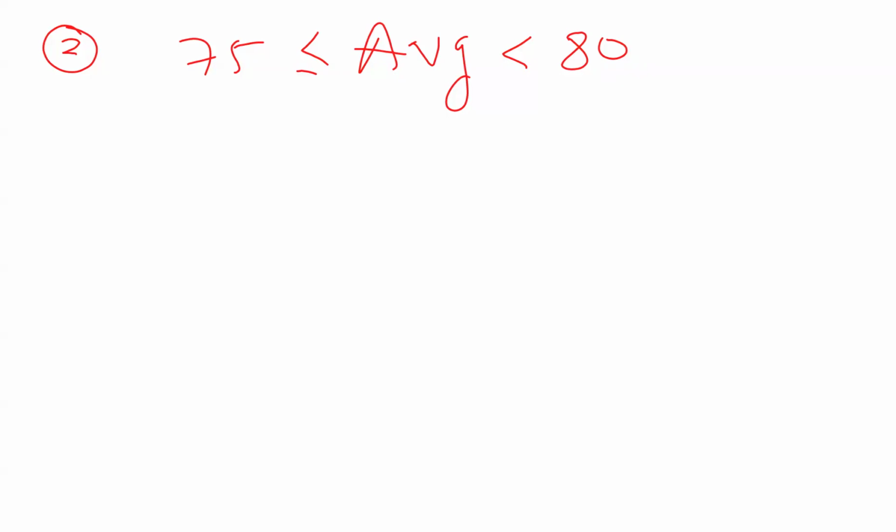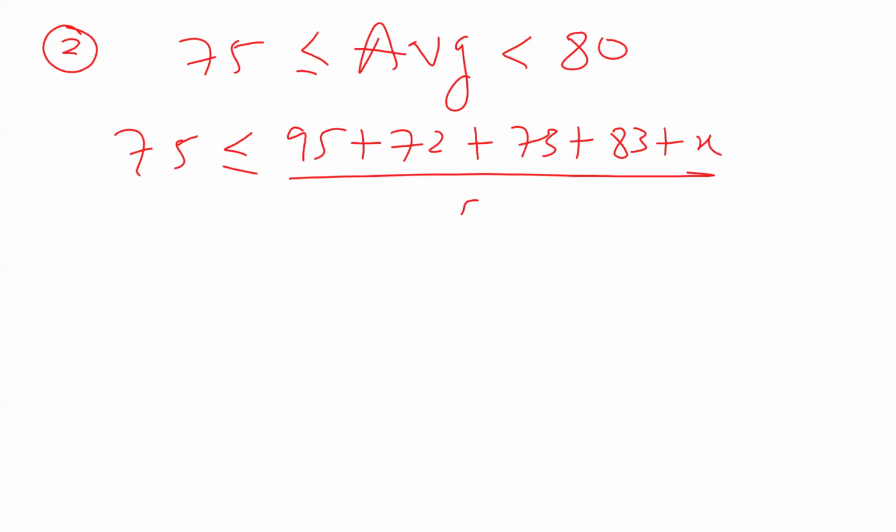So the average is (95 plus 72 plus 73 plus 83 plus x) upon 5, less than 80.